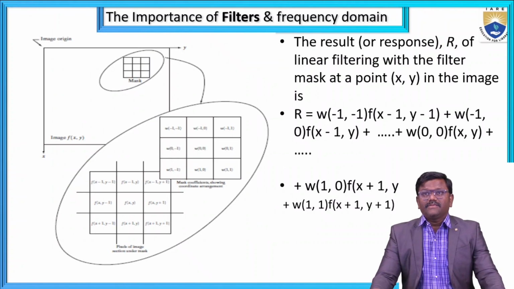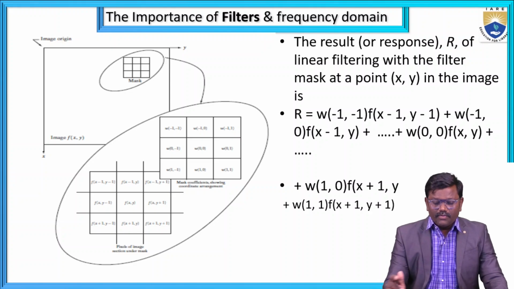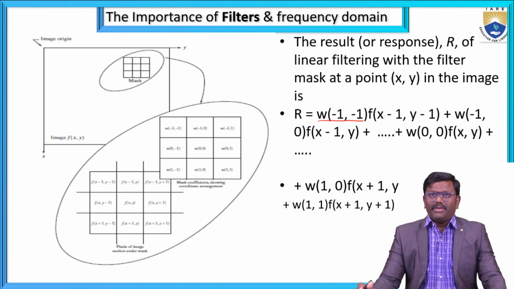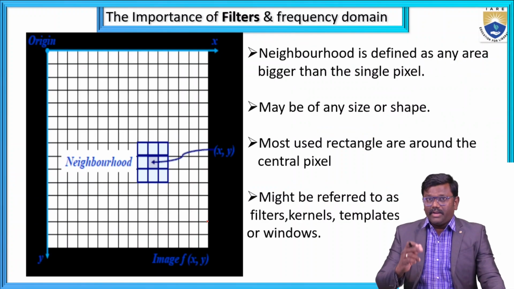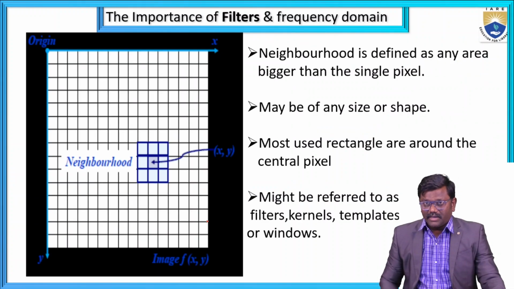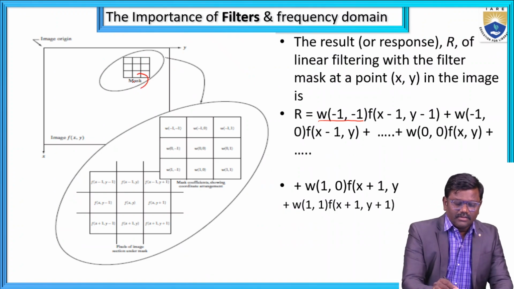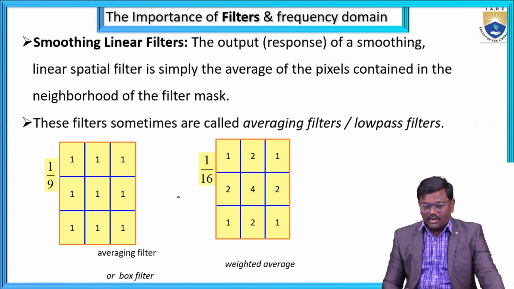In such a process, the response of linear filtering with the filter mask at a point (x, y) in the image is R equal to the sum of w, the coefficients, times the image values, which we represent with the filters, kernels, templates, or windows of the process. Okay, so this is the mask. This is your filter process, and mask and filter mean the same thing.